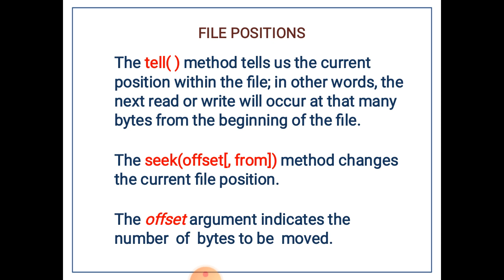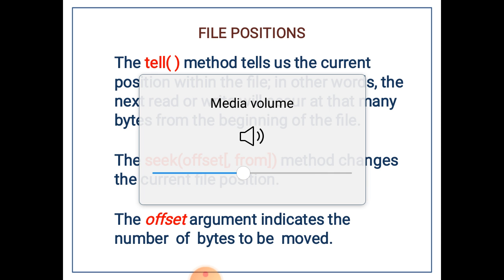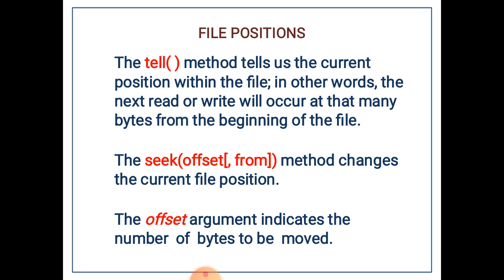And next comes the seek offset from method, which changes the current file position. So here the offset argument indicates the number of bytes to be moved. The seek method is meant for changing the current file position.